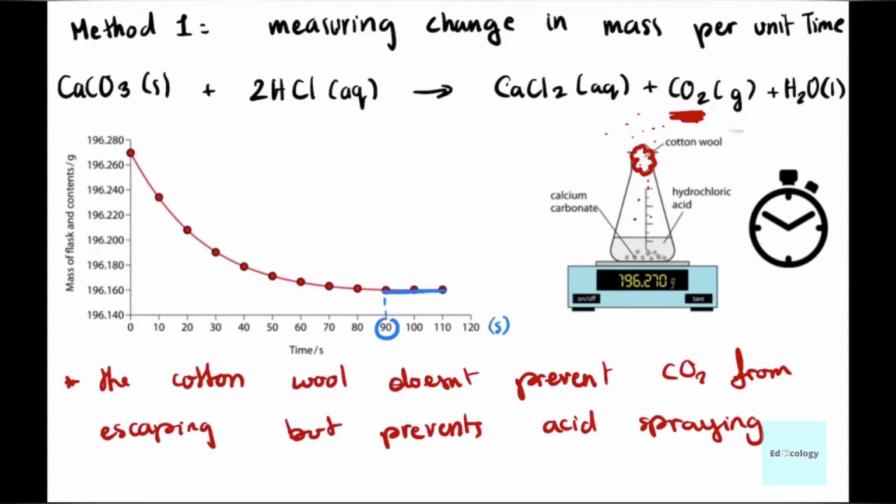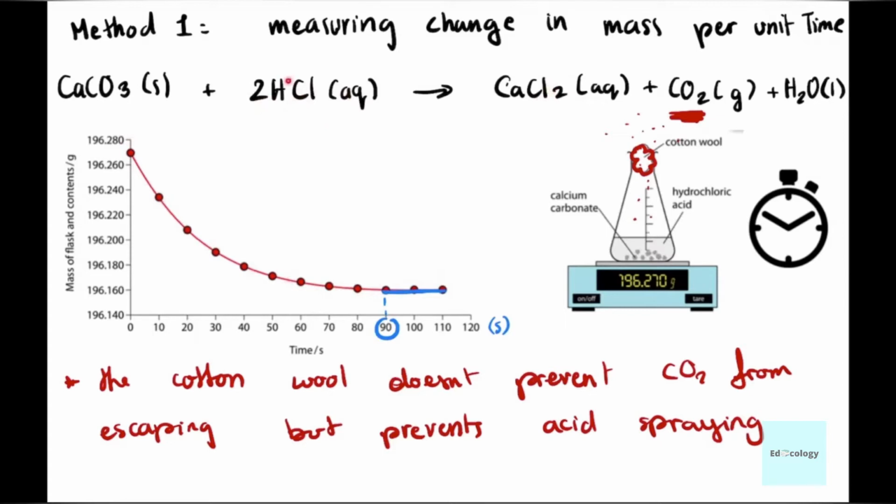By the way, in this graph, the reason why it's descending is because the mass is gradually decreasing, or in other words, because the concentration of reactants is gradually decreasing. If you think of it logically, the reactants are making the products, right? The particles of the substances are rearranging in order to produce the products.